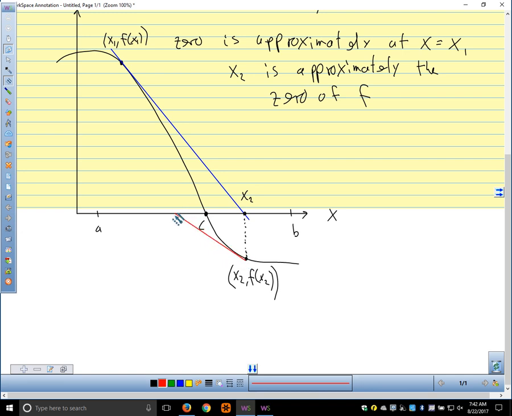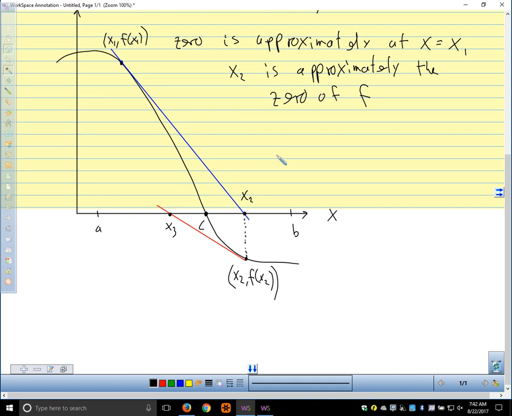I know this is not a perfect tangent line, but we get the idea. And then x3 is going to be approximately the 0 of the function, because the red tangent line approximates the function a little closer to the actual 0. So the 0 of that tangent line should be a little closer to the 0 of the function.